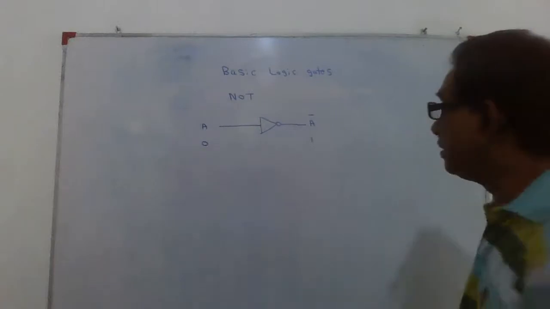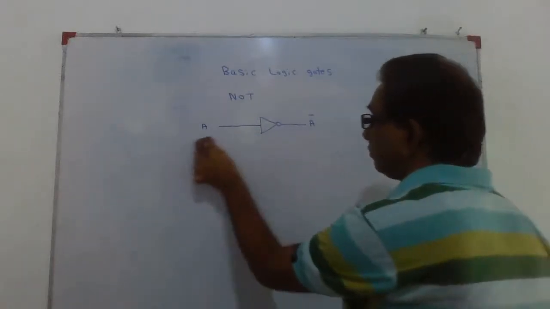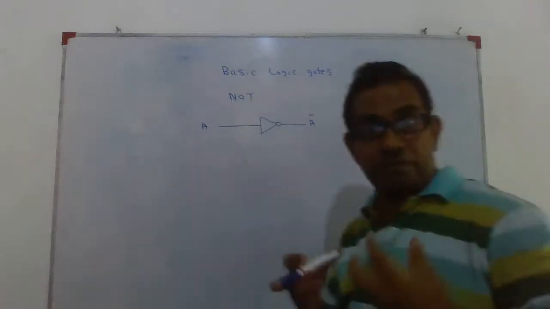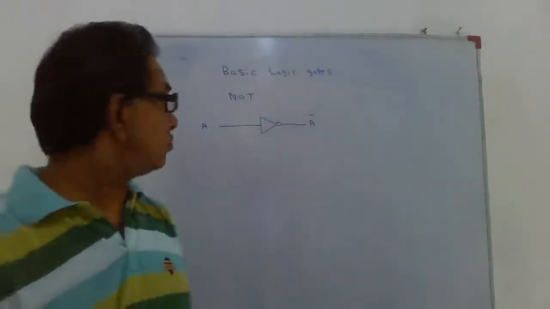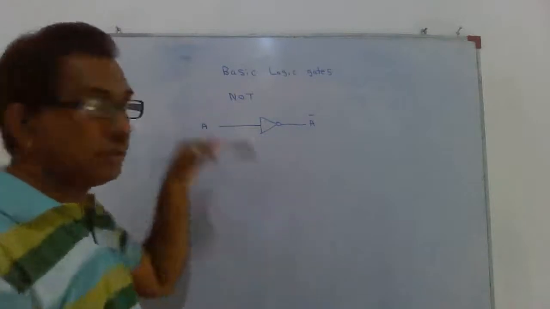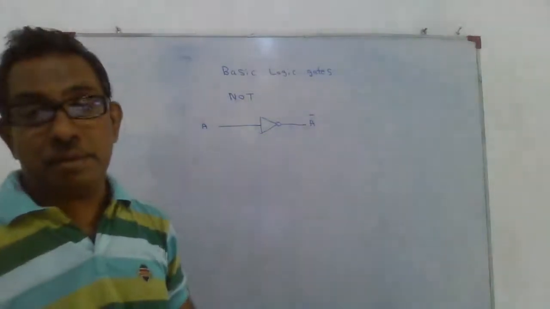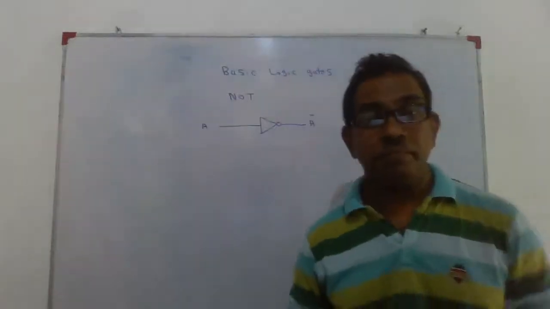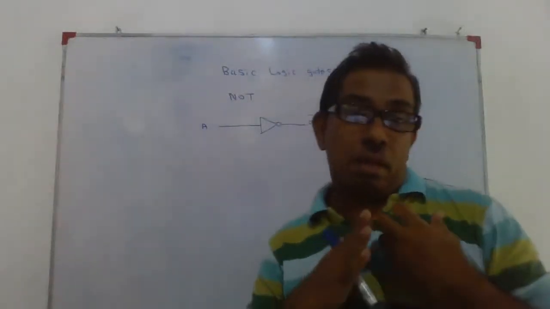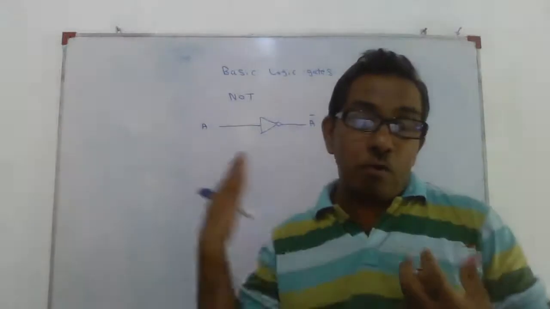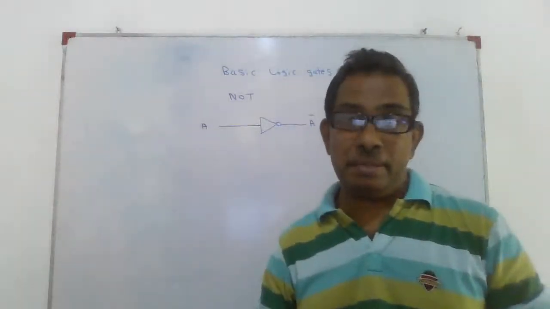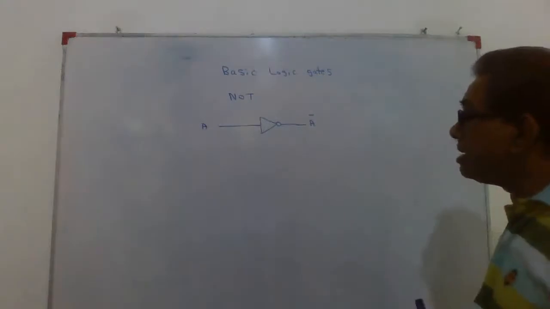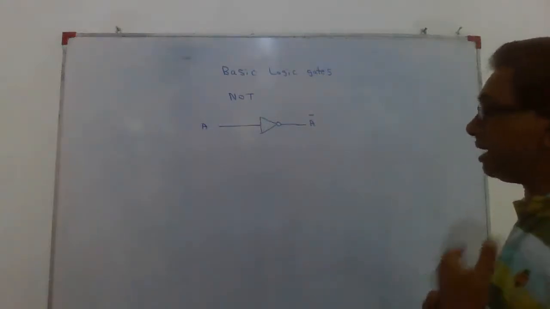But then after that, this is the way of drawing. I would like to show you now how to draw this gate. You should be familiar with how to draw. And there is an output here. This output A bar can be explained as an expression.